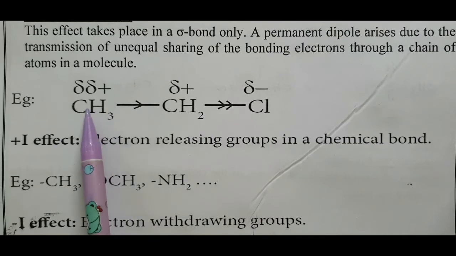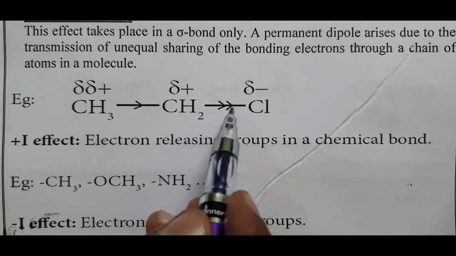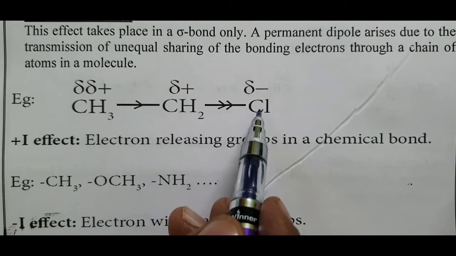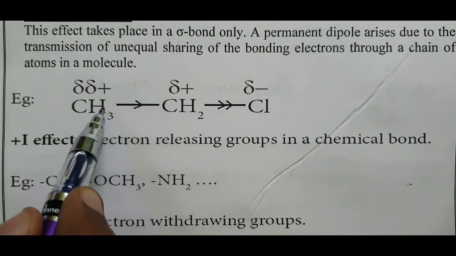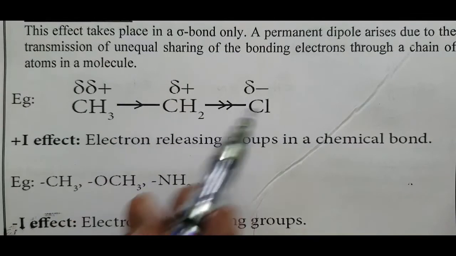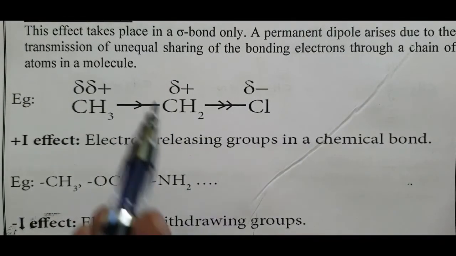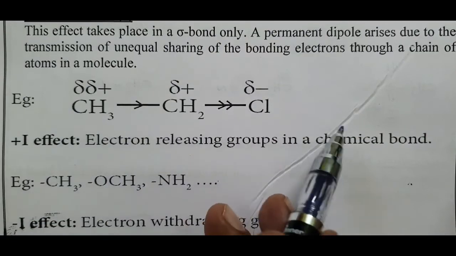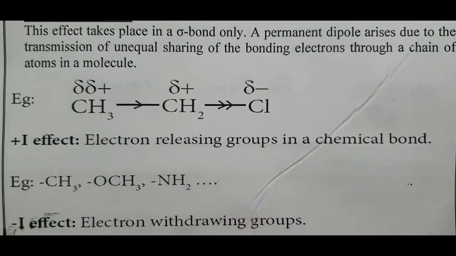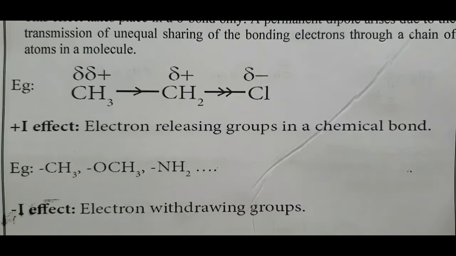Ethyl chloride, CH3 CH2 Cl: chlorine is more electronegative, therefore it pulls the shared pair of electrons towards itself, and this pair of electrons also moves towards the chlorine atom. The electrons moving along the bond in this way is called the inductive effect.